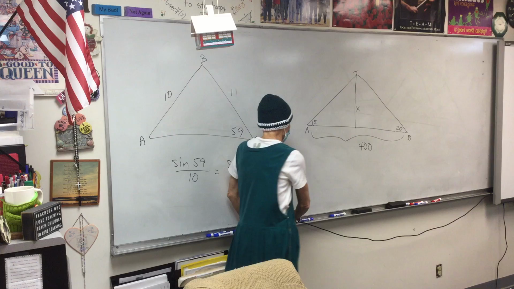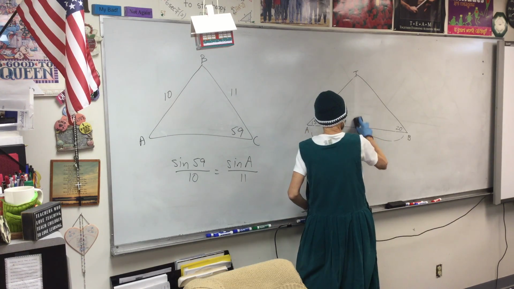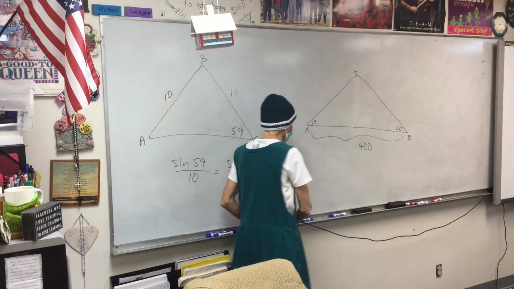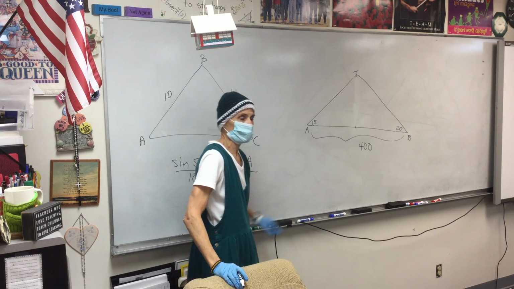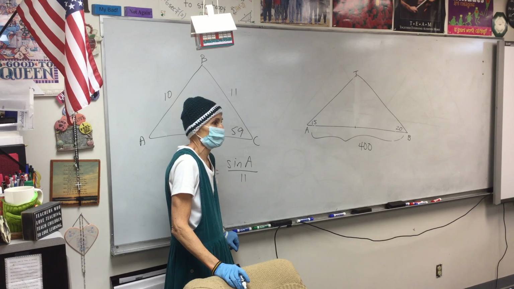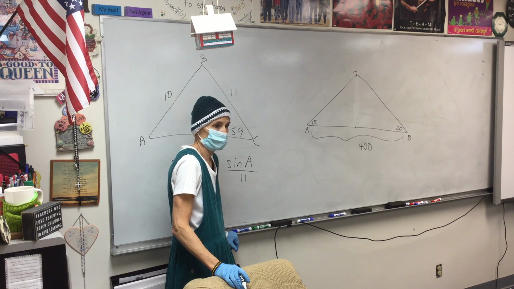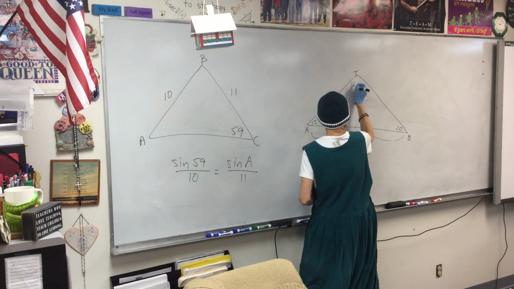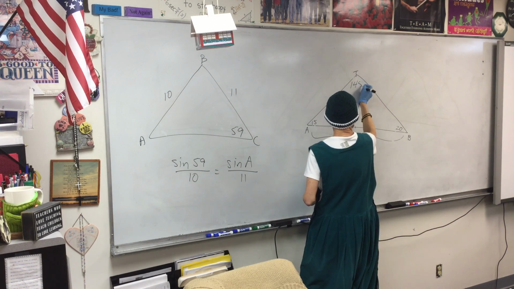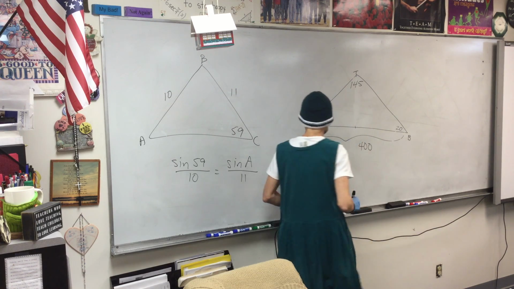Would it help if I took this out for a minute? Can you tell me anything about that triangle now? What can you tell me about it? 145, is that right? Is that arithmetic right? Mm-hmm. Okay.